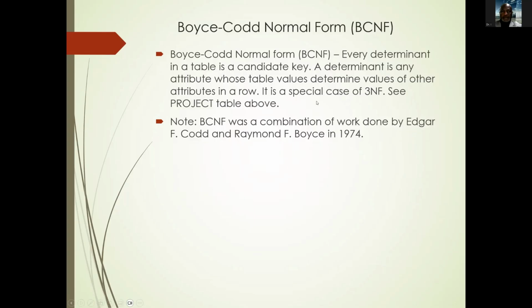Now the Boyce-Codd Normal Form: every determinant in a table is a candidate key. A determinant is any attribute whose values determine the values of other attributes in a row. In other words, it's a special case of third normal form. By the way, BCNF was a combination of work done by Edgar Codd and Raymond Boyce in 1974.